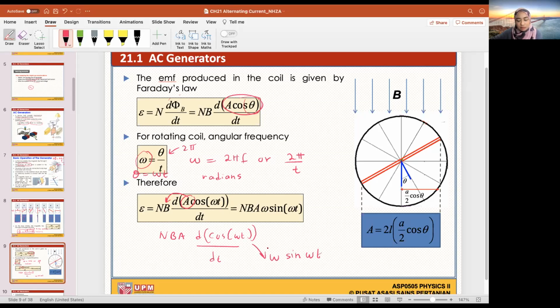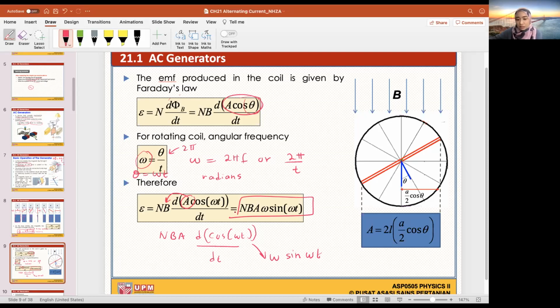So you just plug it in. So NBA omega sine omega t is your equation for the induced EMF of a rotating coil. Okay. This is the equation. I know it's a very long explanation but at the end you just get an equation. It's okay. Sometimes the longest explanation will help you with other things too.